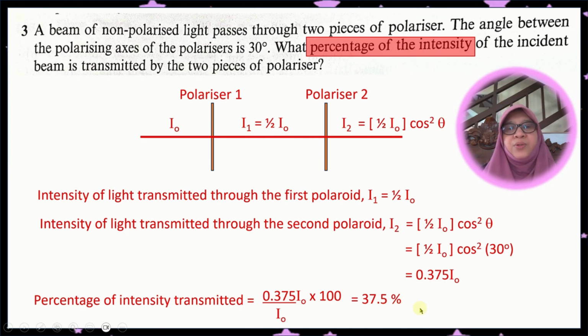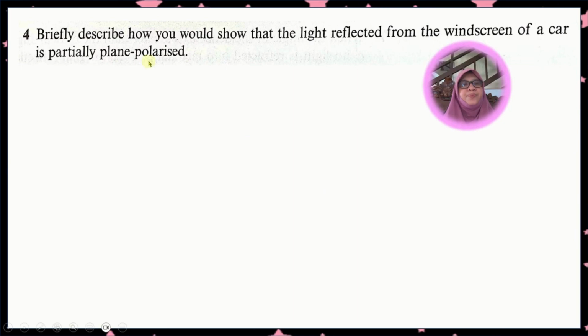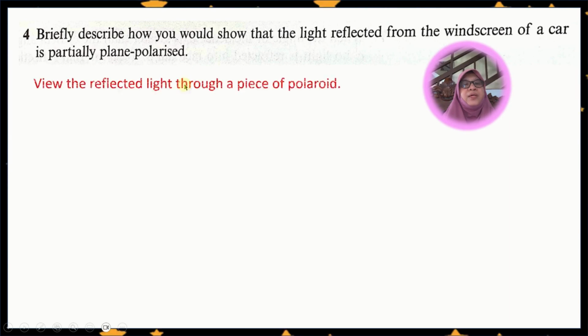Now we go to question 4. Briefly describe how you would show that the light reflected from the windscreen of a car is partially plane polarized. When we view the reflected light through a piece of polaroid, we can detect whether the light is partially plane polarized.